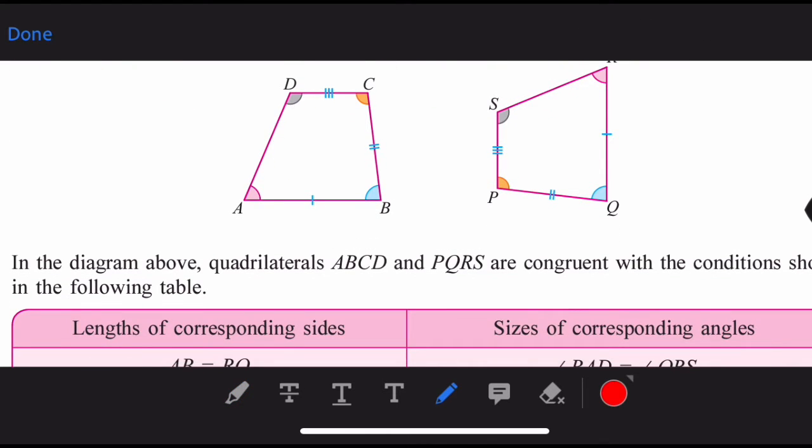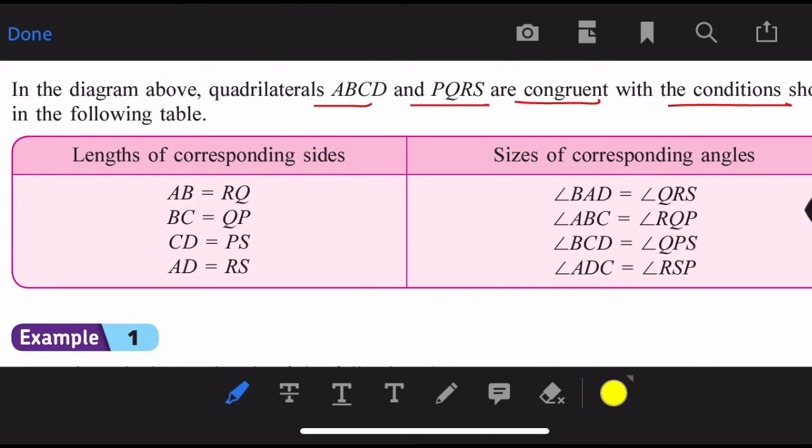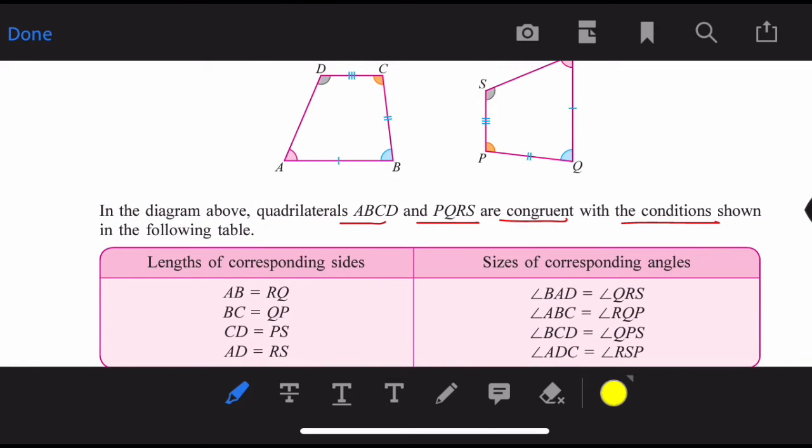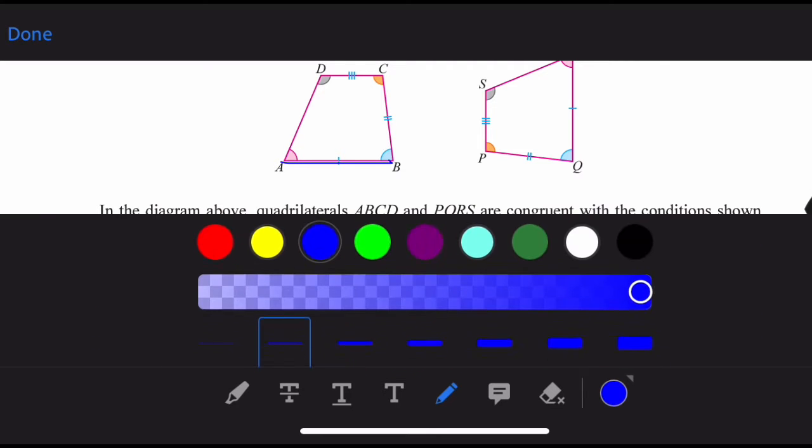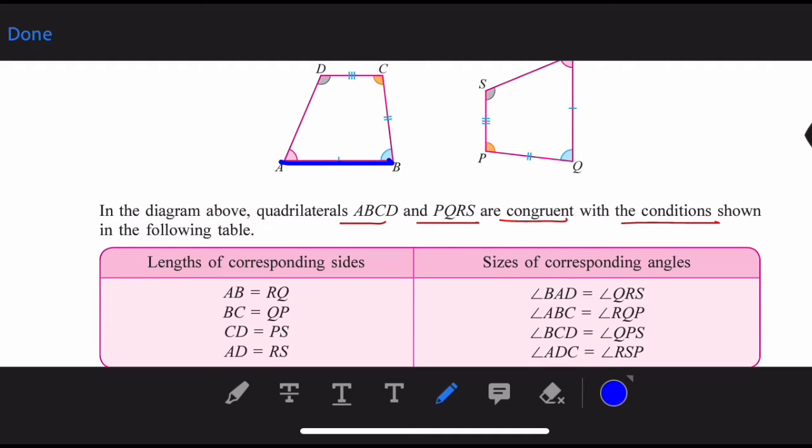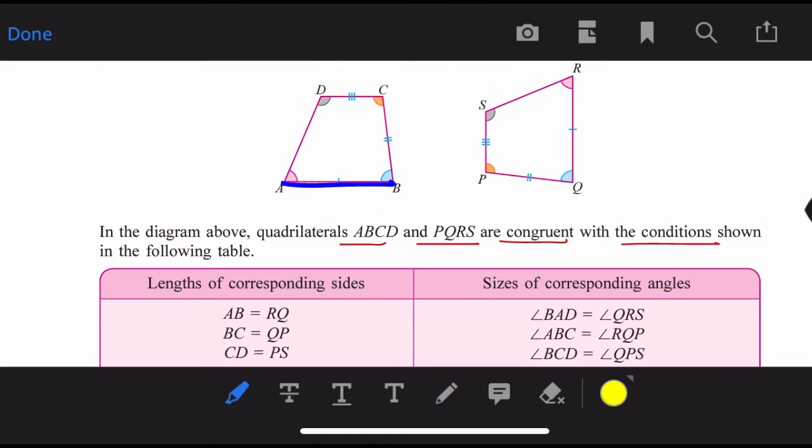In the diagram above, quadrilaterals ABCD and PQRS are congruent with the conditions shown. The length of each corresponding side: AB and RQ, I'm using blue color to show they are equal.